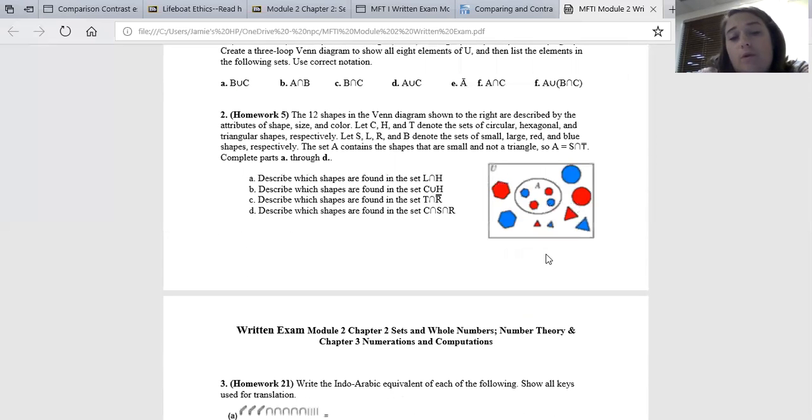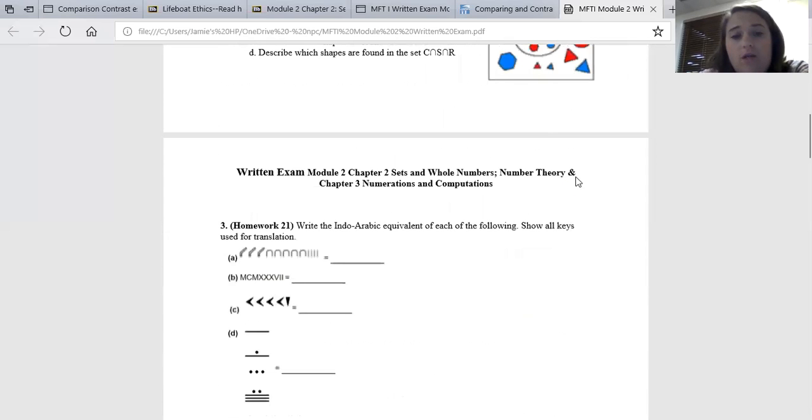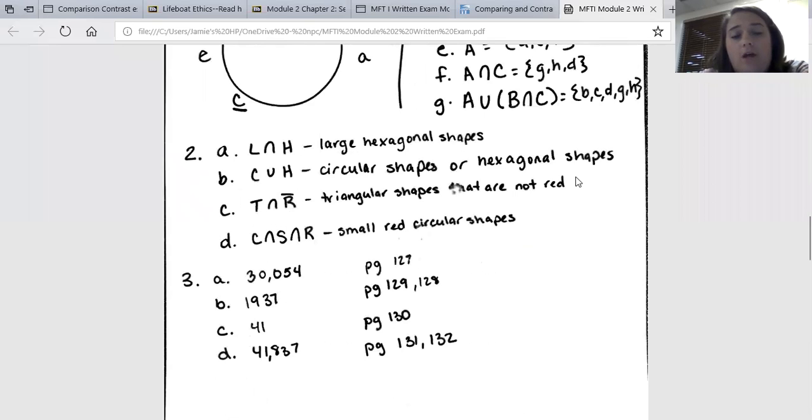What is this describing when it's saying L intersection H? So again, we'll go down here, and I have that L with the intersection of H is all large hexagonal shapes. So L is for large and H is for hexagonal.